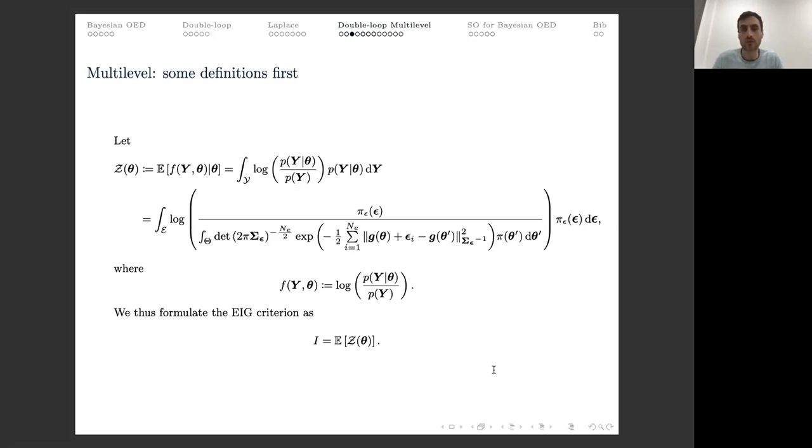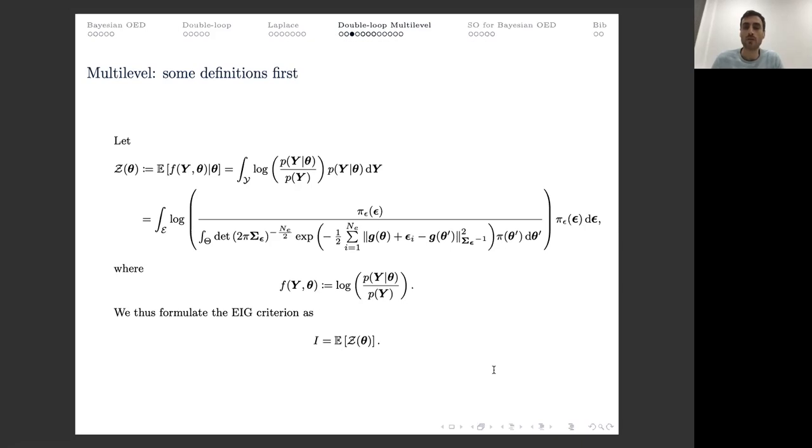As you can see, the numerator does not depend on the model, because the likelihood P of y given theta, given our model, y is computed with theta. When we condition on theta, we end up with the distribution of the error.